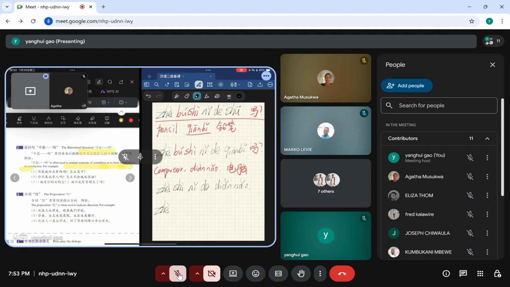So we use this question sentence to express the meaning of the declarative. 这不是你的电脑吗 means this is your computer, but we use the question sentence.